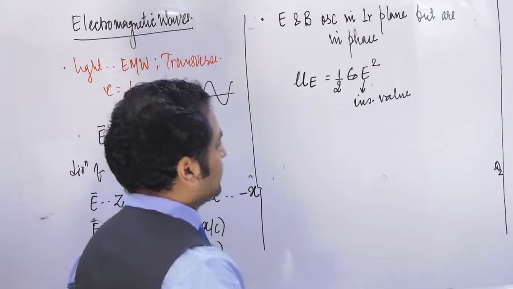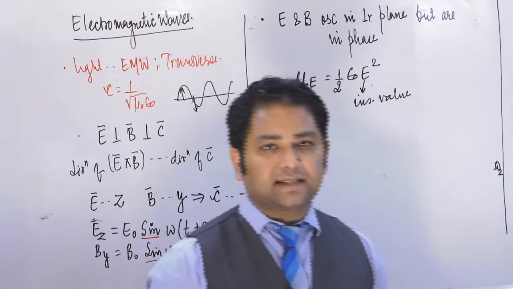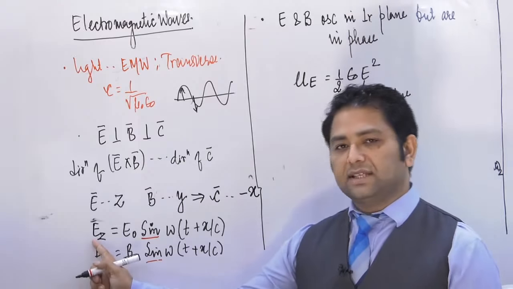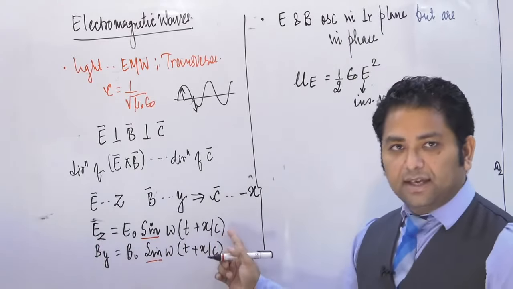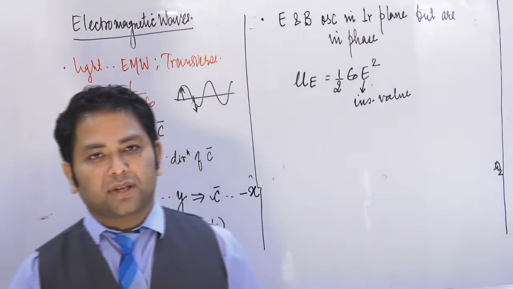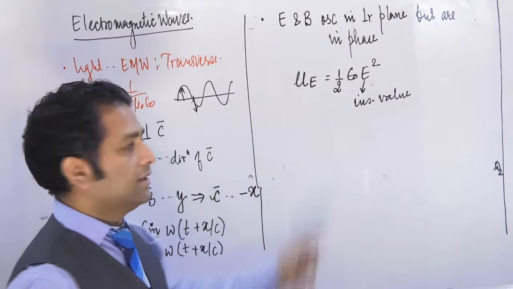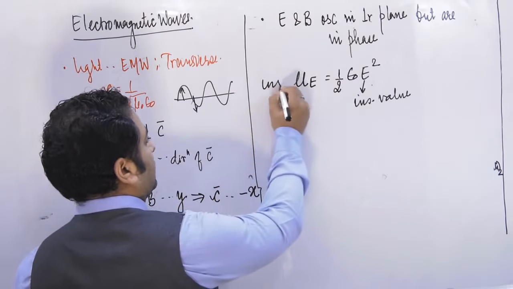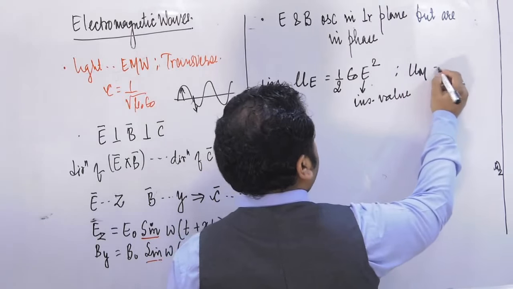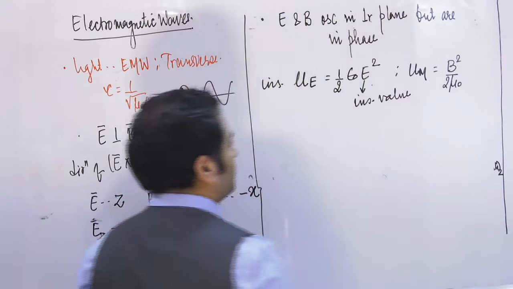Normally in AC circuits, small letters are reserved for instantaneous values, but in electromagnetic waves the capital E itself is for instantaneous, and when it is the peak value, E naught is written. So this is the instantaneous energy density. Likewise, the instantaneous magnetic energy density is B square by 2 mu naught.